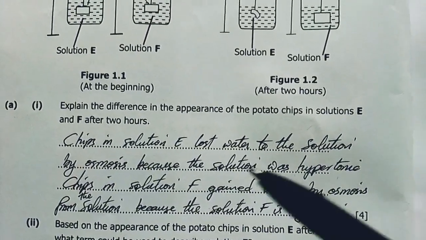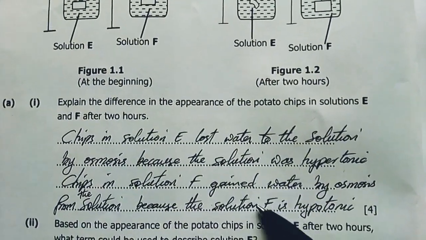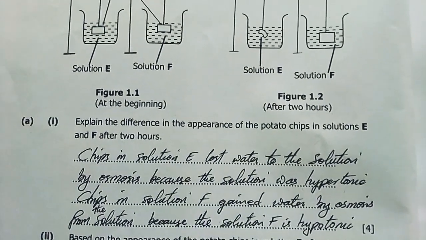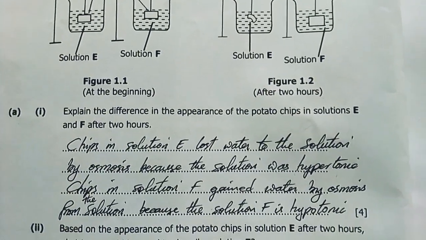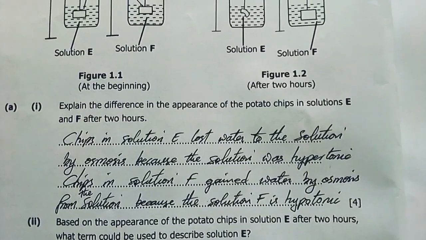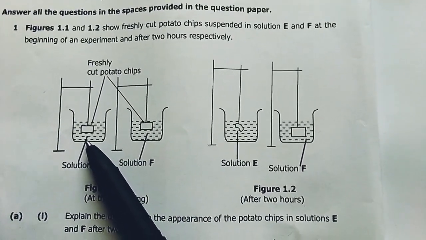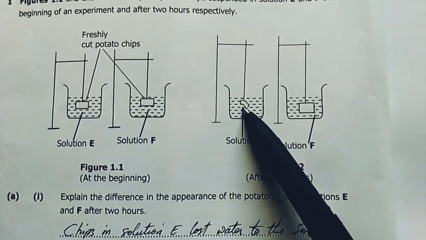So I've explained for solution E, the chip in solution E, and then the chip in solution F. So chips in solution E lost water to the solution by osmosis because the solution was hypertonic. This is solution E, and the chip in there lost water, it shrunk.